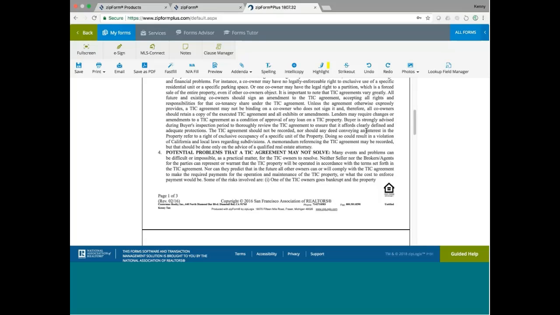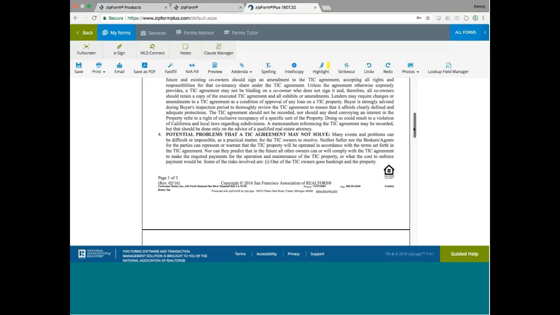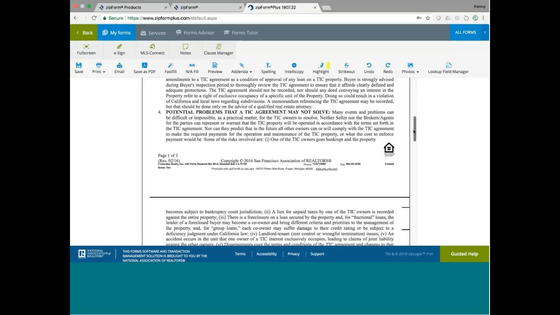However, the impact is a lot smaller than in a TIC situation. In a TIC, if somebody files bankruptcy, it could potentially affect everybody else in that TIC building. Okay? So basically, these are questions to be answered by a real estate attorney.